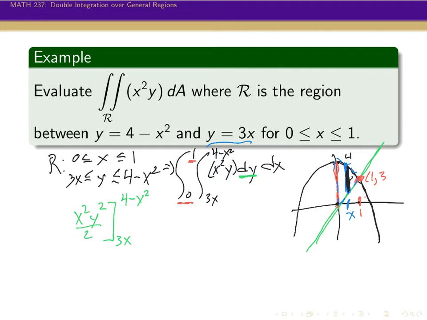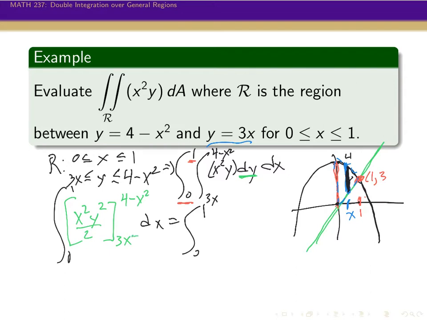So what is this going to look like? And so then after we do this, we're then going to plug this into the outer integral, 0 to 1 dx.